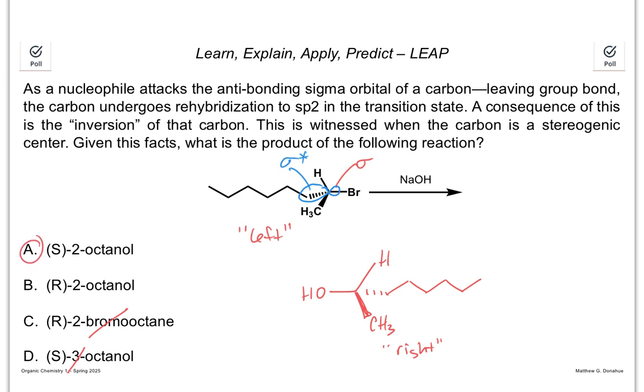So let's assign priority to these. We have a carbon bearing an O, 2 C's, and an H. The oxygen's going to get priority 1. The hydrogen's priority 4. Then we have 2 carbons. The carbon with the longest chain gets 2. The shorter chain gets 3.